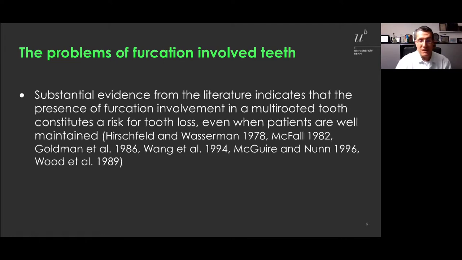So if you go to the literature and we look at some long-term studies, I just listed some of them, some classical studies with a follow-up of at least 10 or 20 years, the first teeth that are usually extracted are the molars. Why? Because we have a very difficult anatomical situation, and these molars can be kept stable only with great difficulty.